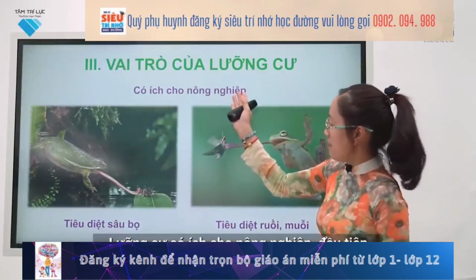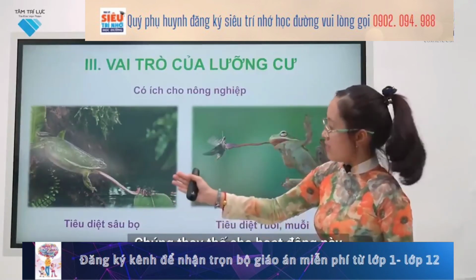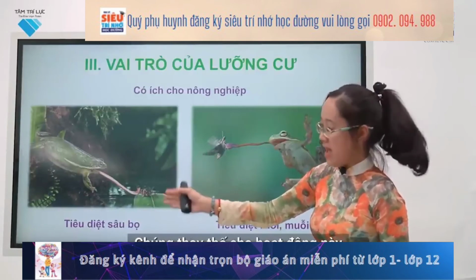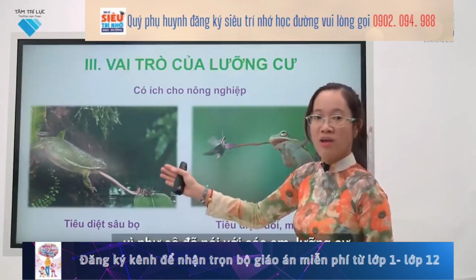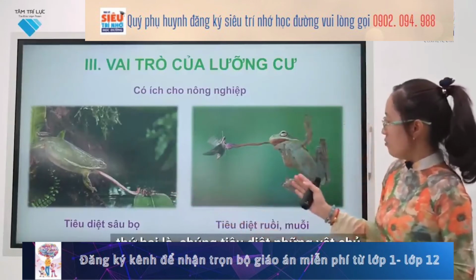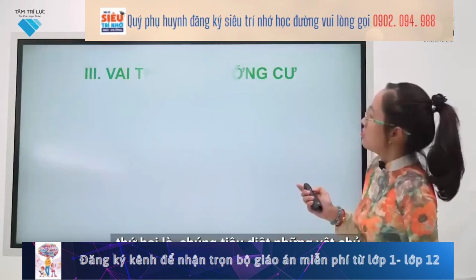Amphibians are useful for agriculture. First of all, amphibians kill insects that destroy crops. They replace this activity of birds during the day, because, as I told you, amphibians mainly forage at night. Secondly, they destroy vectors of disease transmission such as flies and mosquitoes.